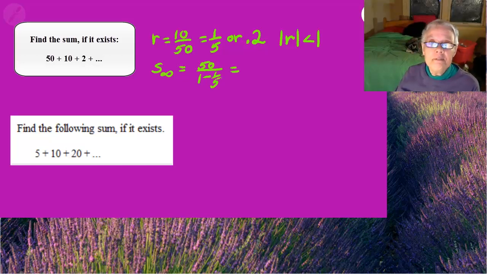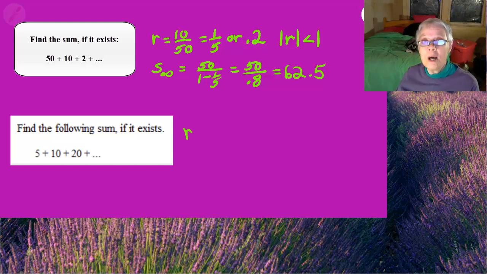So that will be 50 over 0.8, or 50 over 4/5. And a trusty calculator told me that 62.5 is the sum of this infinite geometric series.